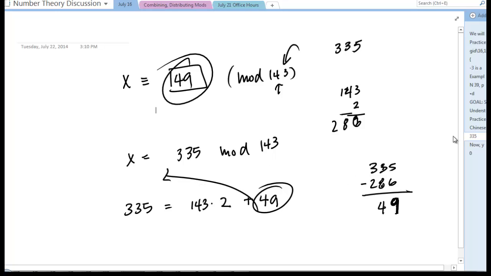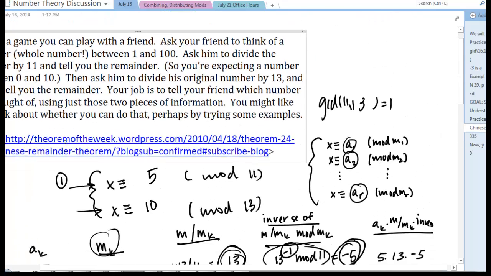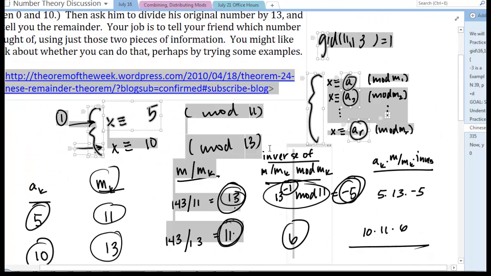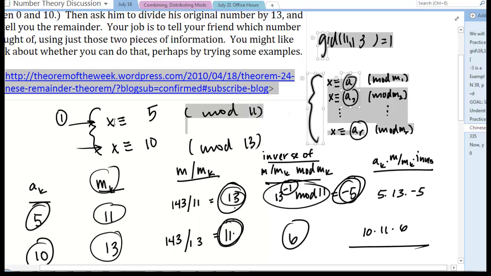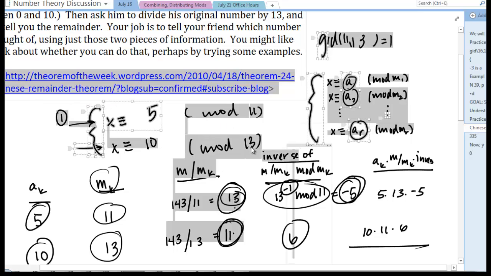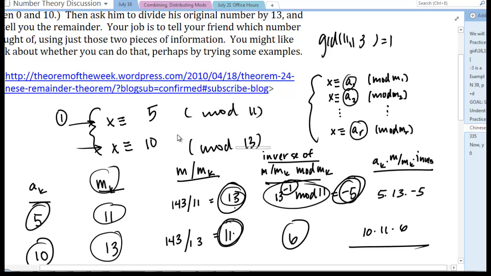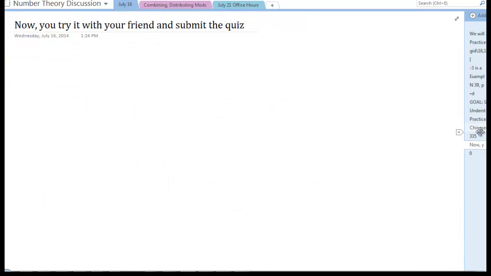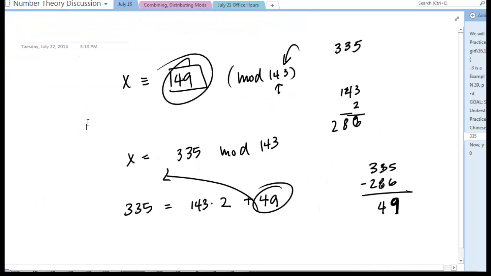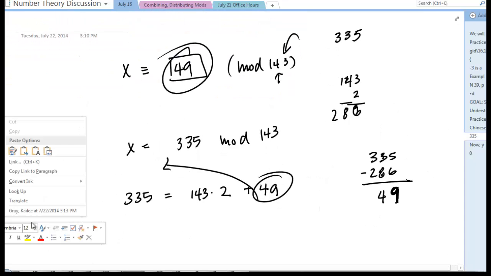But let's just verify that this satisfies this system of congruences, okay? The way that we demonstrate that our solution satisfies the given congruences is we will just plug in that value. We'll plug in the 49 for x into each of these congruences, and then we'll make sure that those congruences are satisfied.